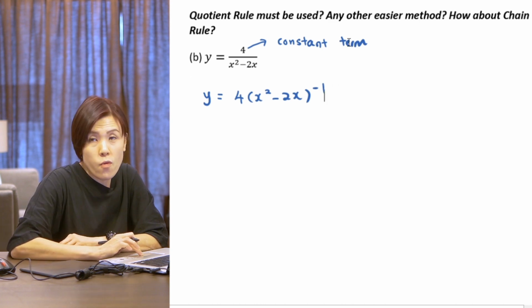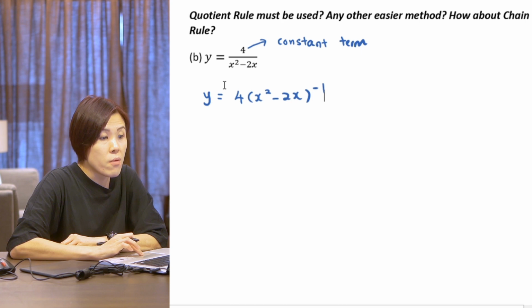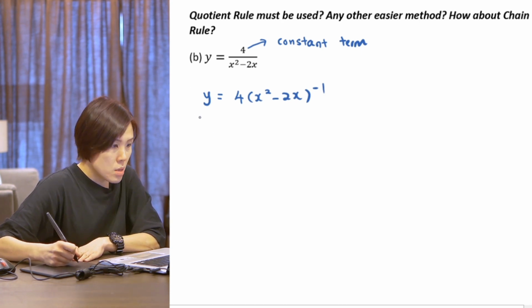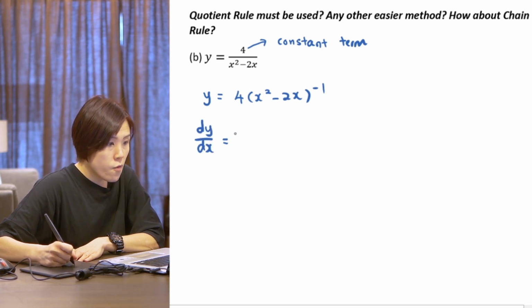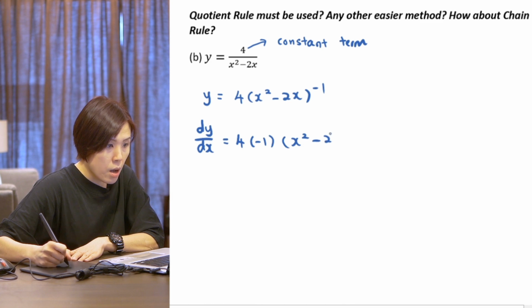By using this form, we can use the formula of chain rule to find the derivative dy by dx instead of using quotient rule. So in this case, we will have dy by dx equals 4 times the power negative 1 and power less by 1.